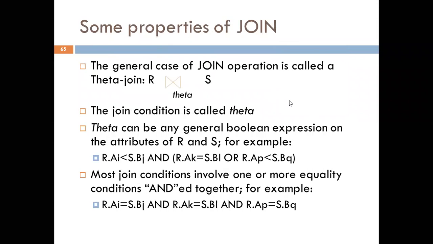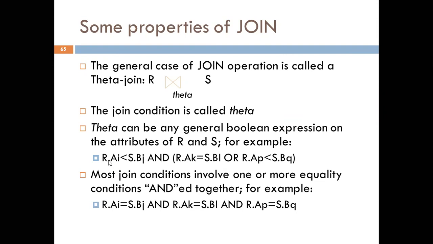In general, the join operation is also called a theta join. The join condition is called theta. This theta is nothing but a Boolean expression that evaluates to either true or false. When we say it is a Boolean expression, it may combine any number of Boolean terms, and these terms can be combined together using AND or OR operations.